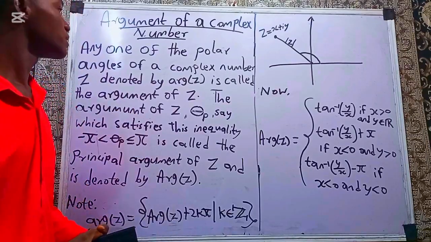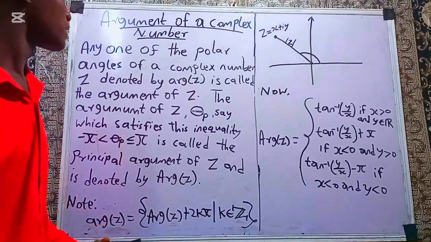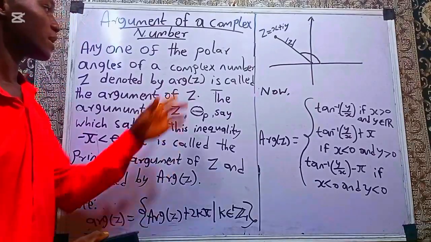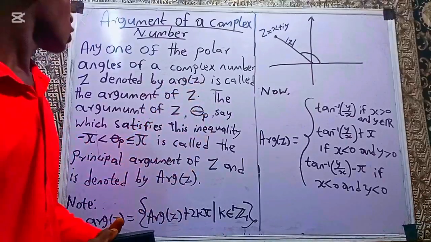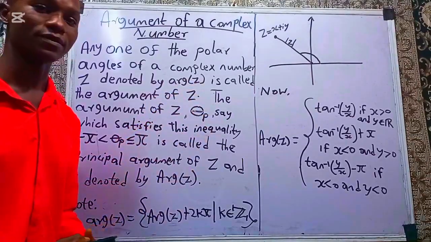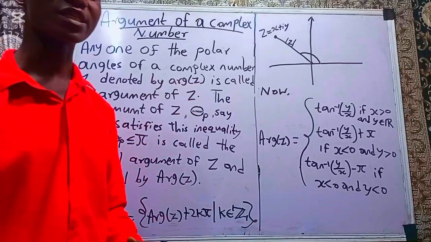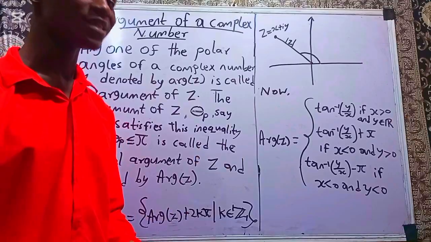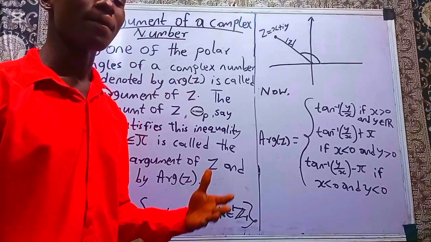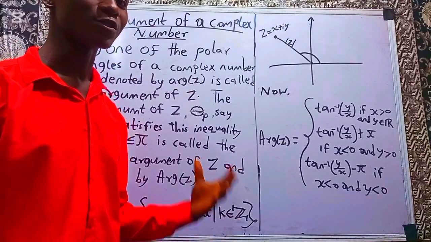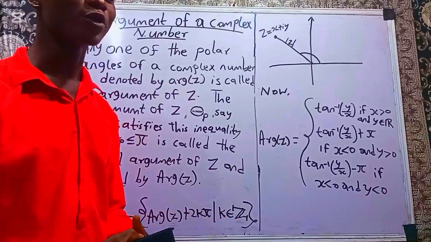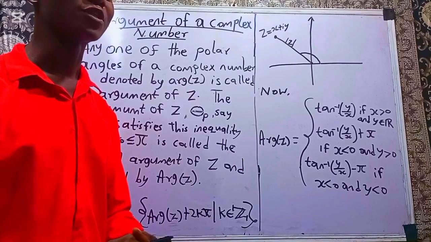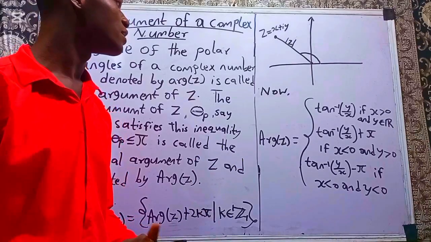Any one of the polar angles of a complex number z, denoted by arg z, is called the argument of z. So the argument of z is any one of the polar angles of z. It means that you can get as many as such angles, but any one of the polar angles of z is called the argument of z.